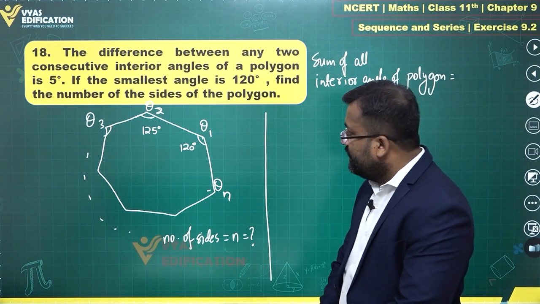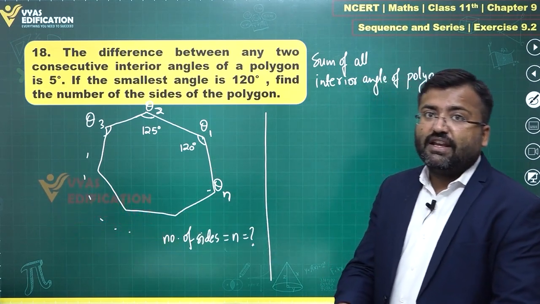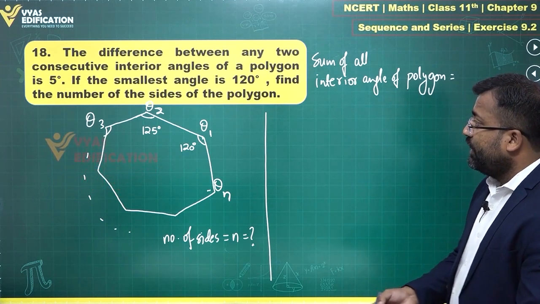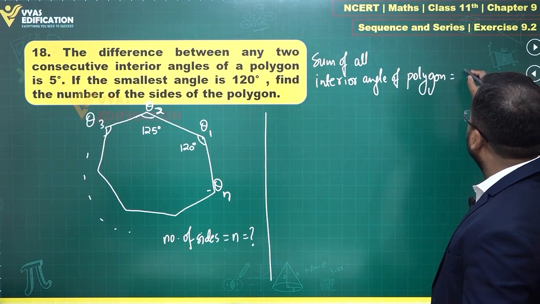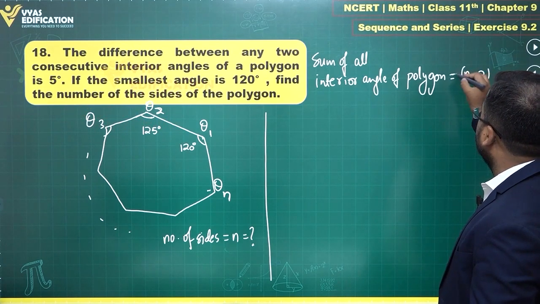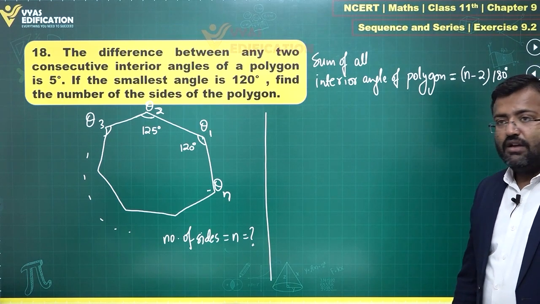Various triangles, right? Any two sides will give a triangle, right? And any extra side will give another triangle. So what you'll have is, this is n minus 2 times 180 degree. This is what you have, right?